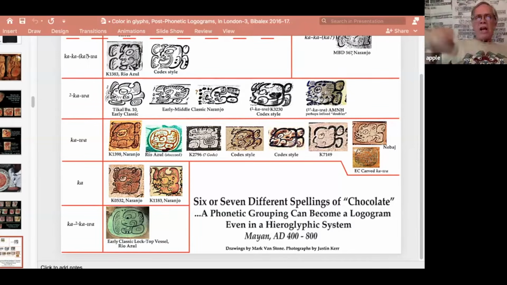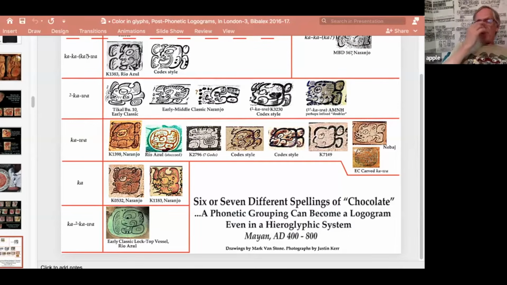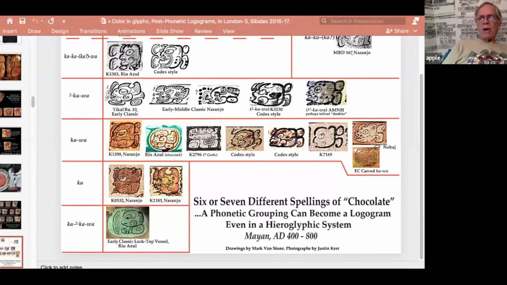A lot of them are just the outline. They aren't colored in with spots of color like this, but some are and some aren't. I haven't tried to figure out which ones were painted in Kalak Mul and which ones were painted in Nok Bay, but I suspect that these are Nok Bay cacaos. This is a monochrome cacao, but again, it's spelled kawa.